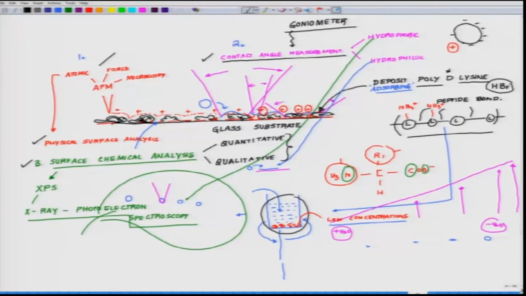This is what is believed. In the initial phases it is purely an electrostatic interaction, and this electrostatic interaction helps the cell to settle down at a substrate.